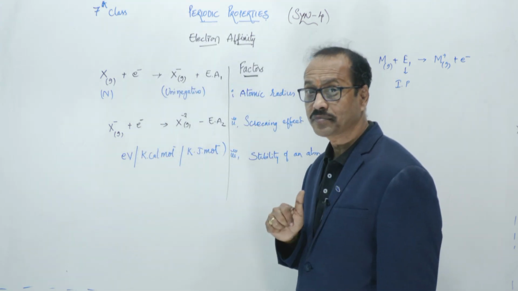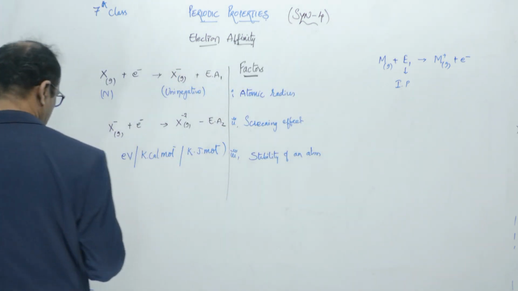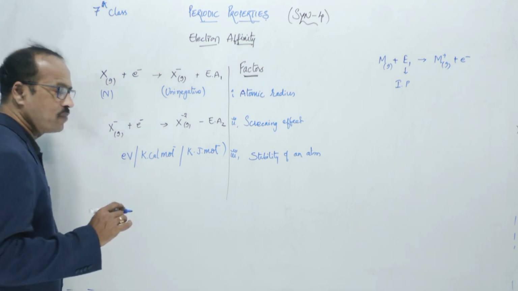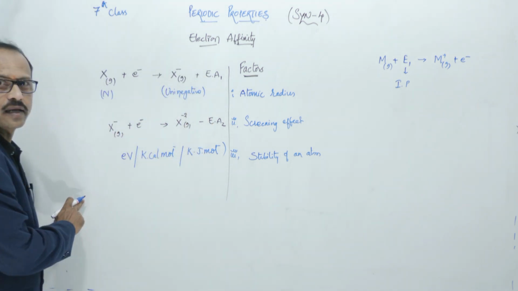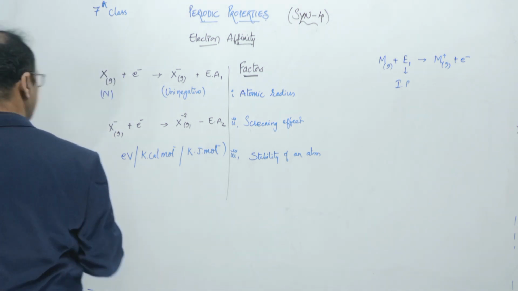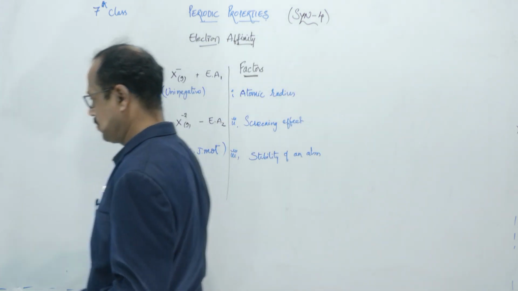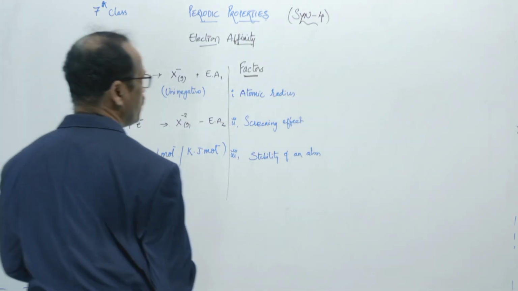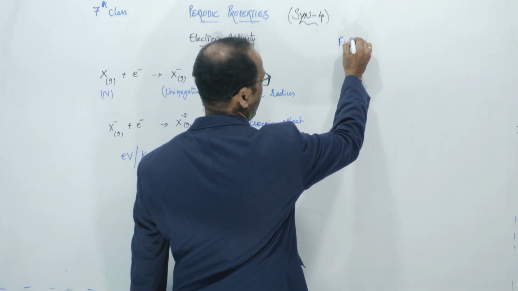Can you say why? See, for example, let us take two atoms. One I'll take fluorine and second I'll take chlorine. Now, if I take fluorine, what is the atomic number of fluorine? 9.